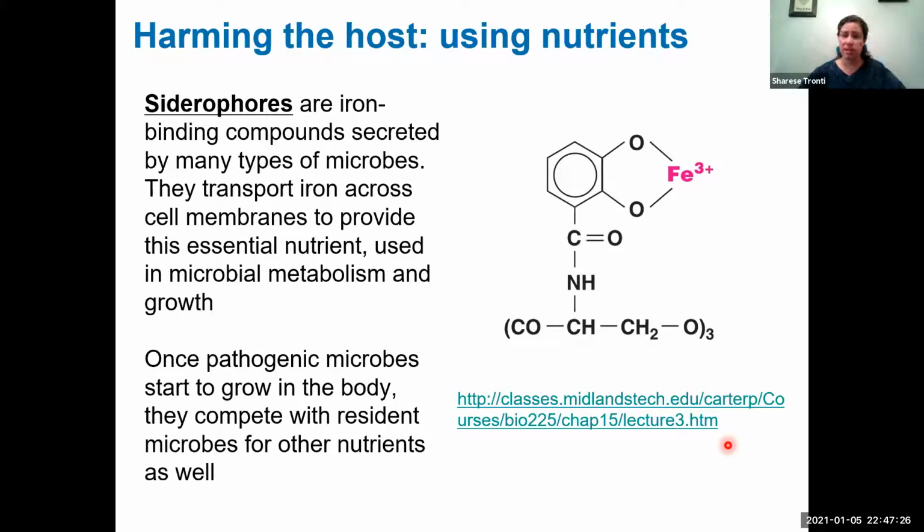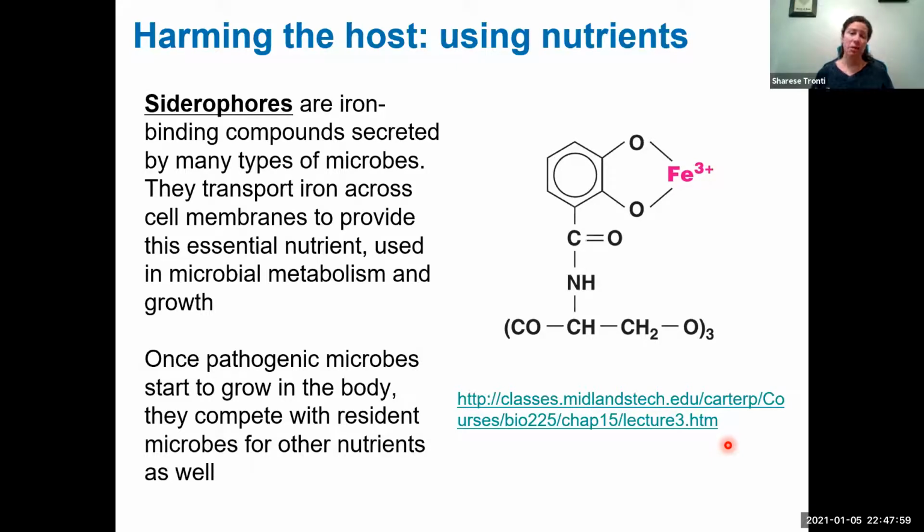Like I said, they can use the host nutrients. An example is siderophores. One of these nutrients that's vital for both the host and for microbes is iron. Siderophores are produced by the microbe. They go out and bind to the iron, and then they bring it back across the cell membrane so that iron can then be used for microbial metabolism and growth.